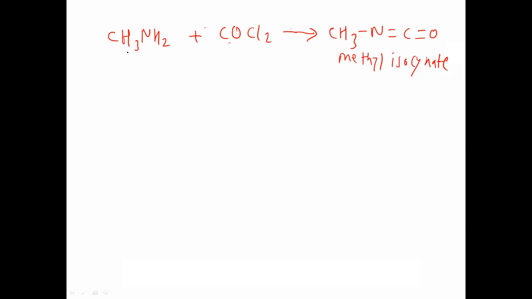This is methylamine, and this is carbonyl chloride, commonly called phosgene, and methyl isocyanate. So now the reaction is straightforward, and atom economy can be easily calculated. Here you just count: carbon 1, hydrogen 3 plus 2 is 5, nitrogen 1.